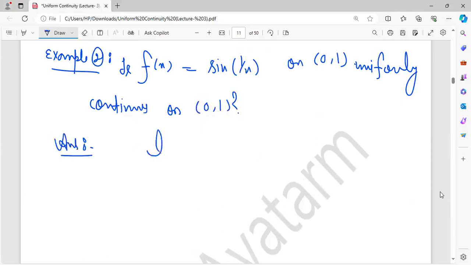You see the limit as x tends to 0 plus of sine 1 upon x.